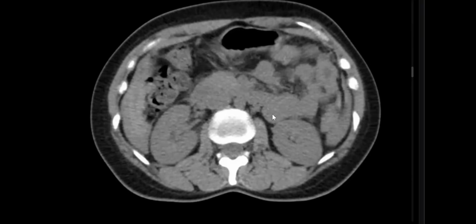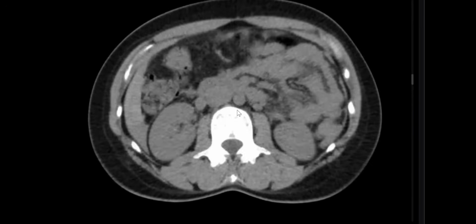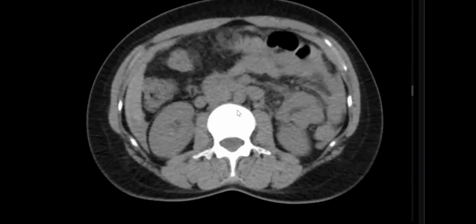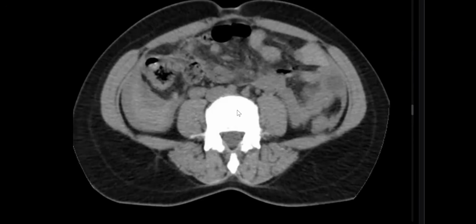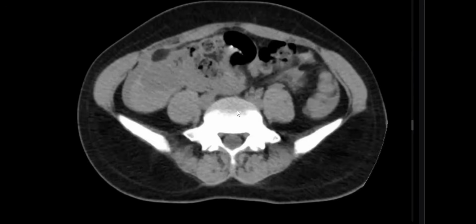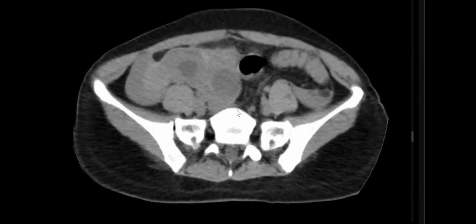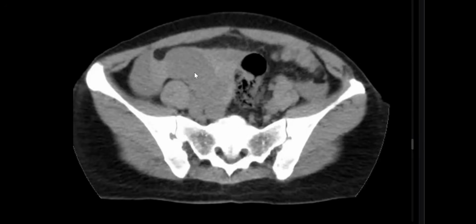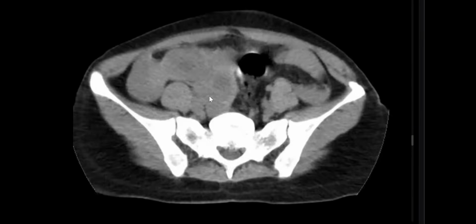You can see no hepatic and no splenic collection. Kidneys appear normal. The loops are not distended. You can see here, cystic areas here and here as well, with rounded high density fluid collection.